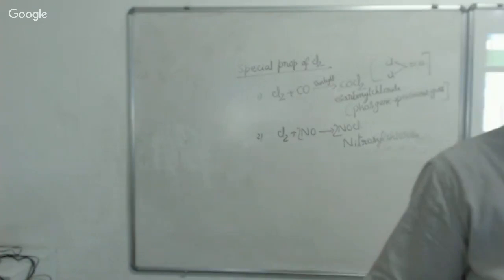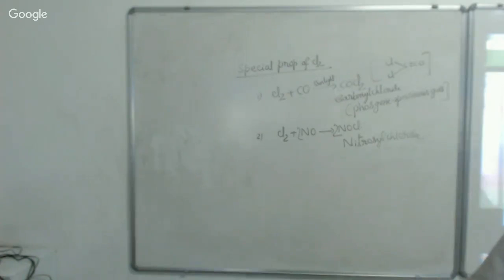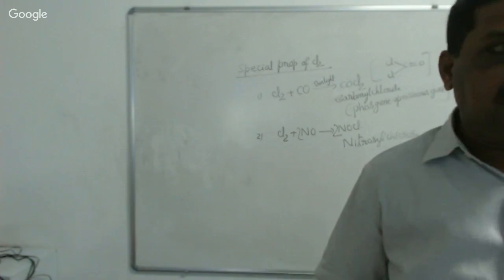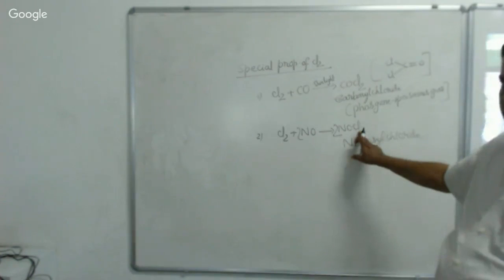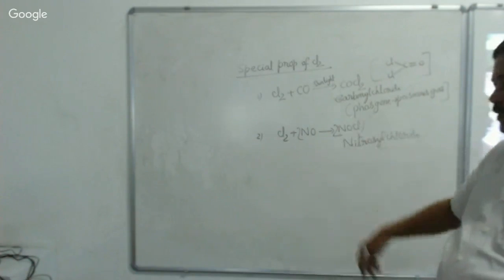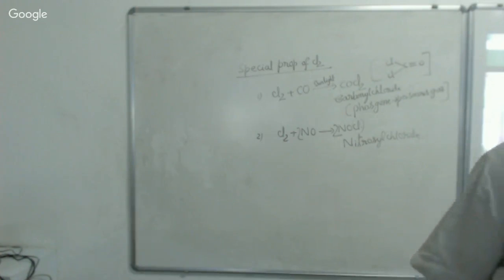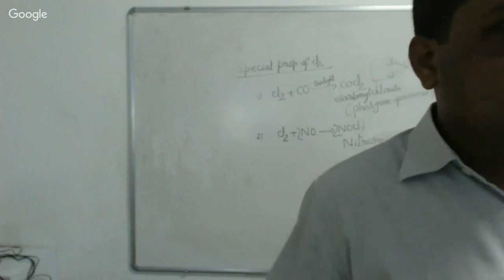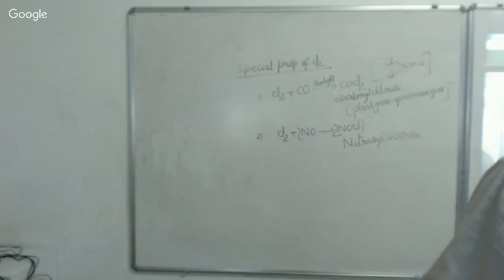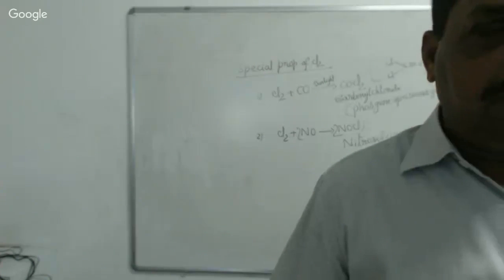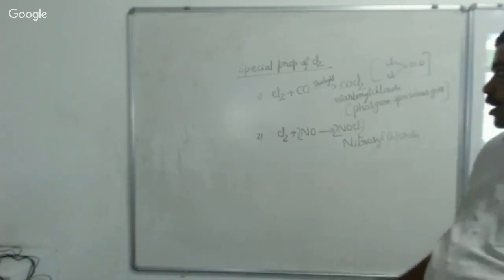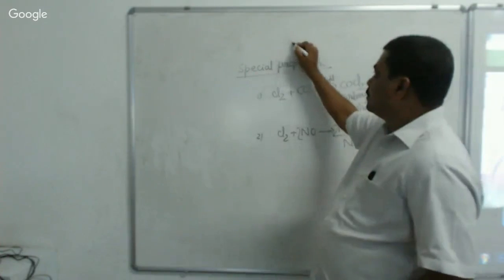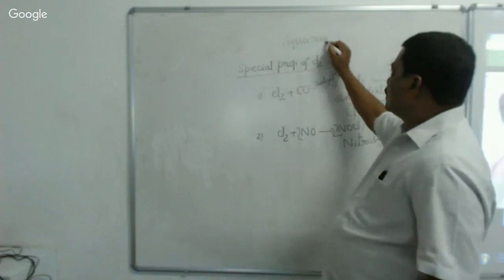Nitrosyl chloride, which liberates nascent chlorine, is mainly responsible for the dissolution of gold and platinum in aqua regia.